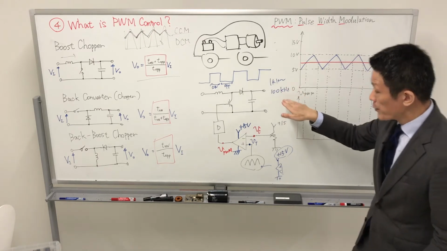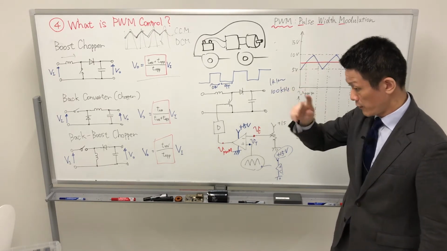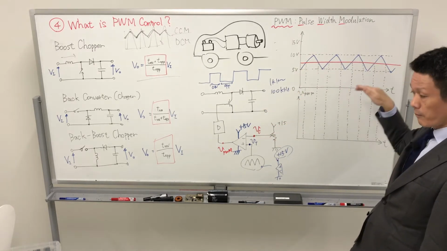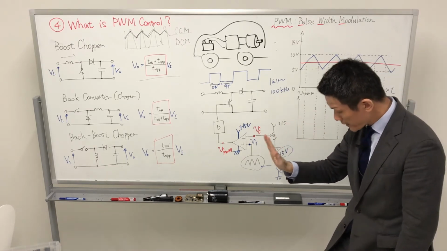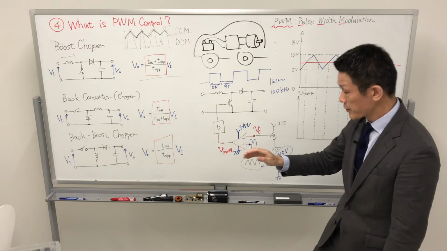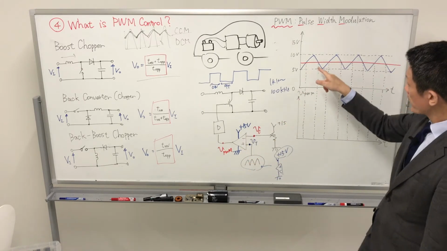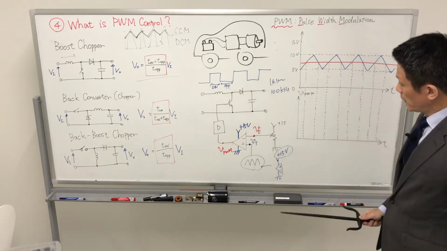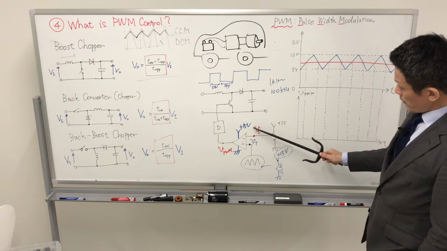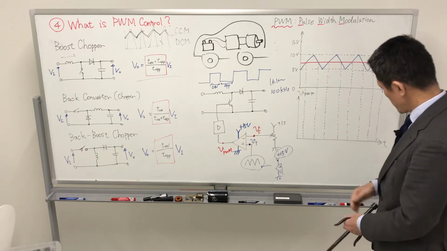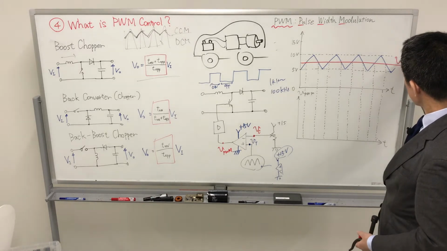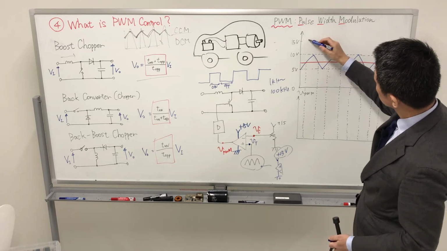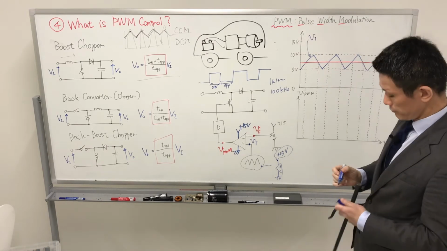As compared with this high frequency, the acceleration voltage is almost the same. Human movement is very slow as compared with this high frequency, so we can look at it as almost constant. The acceleration voltage, the red line, is VC. The triangle waveform is VT.